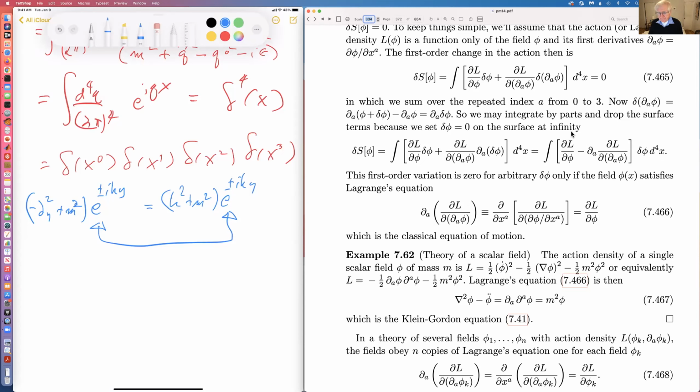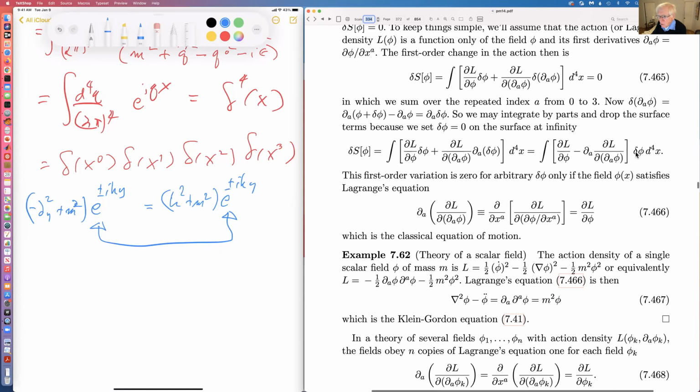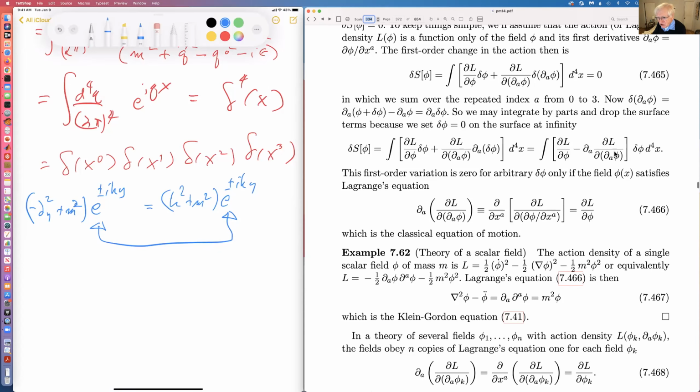On the other hand, Lagrange's... what this then says is that the field satisfies the classical equation of motion, which is that the derivative of this partial is equal to the derivative of L with respect to phi.